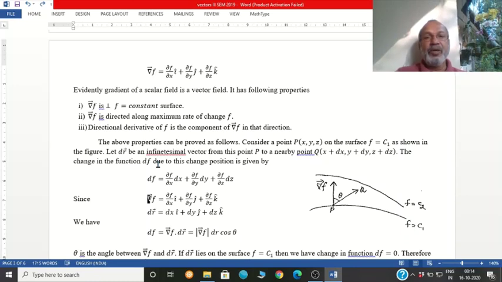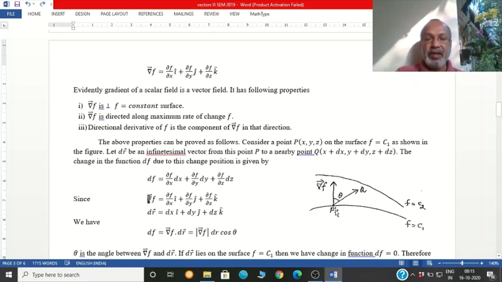Similarly, if you put any function equal to constant, that represents a surface. So this is such a surface, f is equal to c1, and this is another surface. If you take a function as say potential, these surfaces are called equipotential surfaces. And if you take this function as a pressure, then these are called isobars.